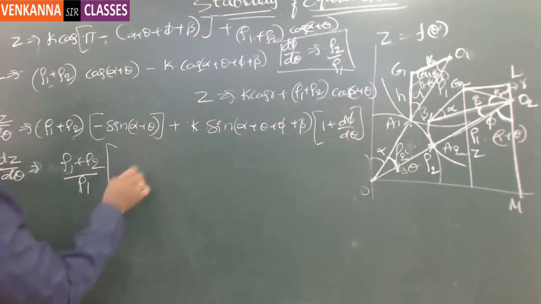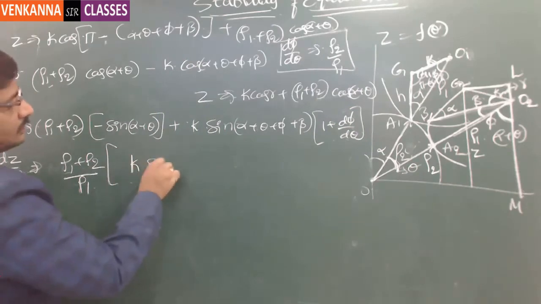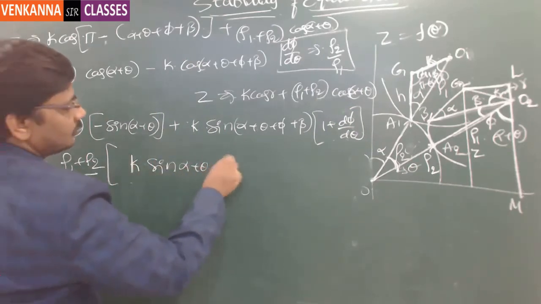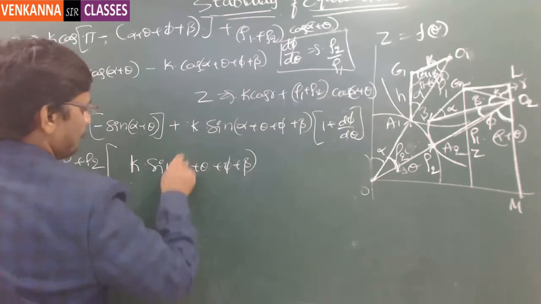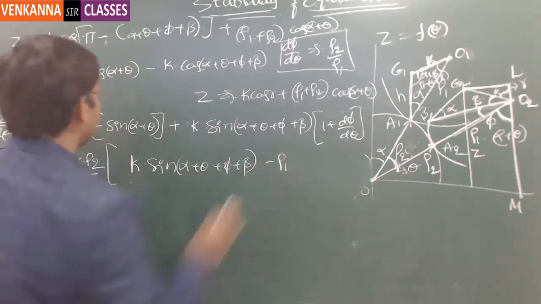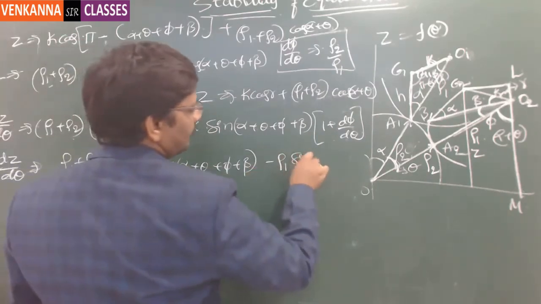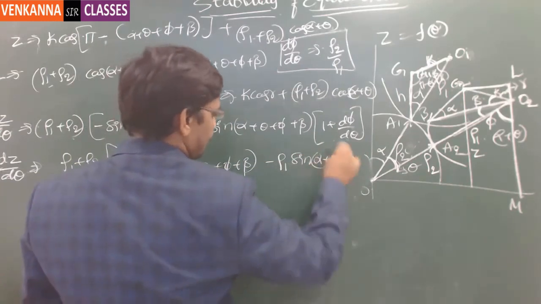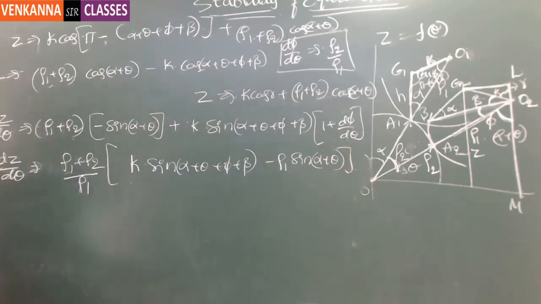Then I am left with k times sine alpha plus theta plus phi plus beta minus rho 1 times sine alpha plus theta. Right? Here in the denominator there is no rho 1. I have multiplied with rho 1 and then divided with rho 1, and taken it out in the overall context. So this is going to be rho 1 plus rho 2 by rho 1.